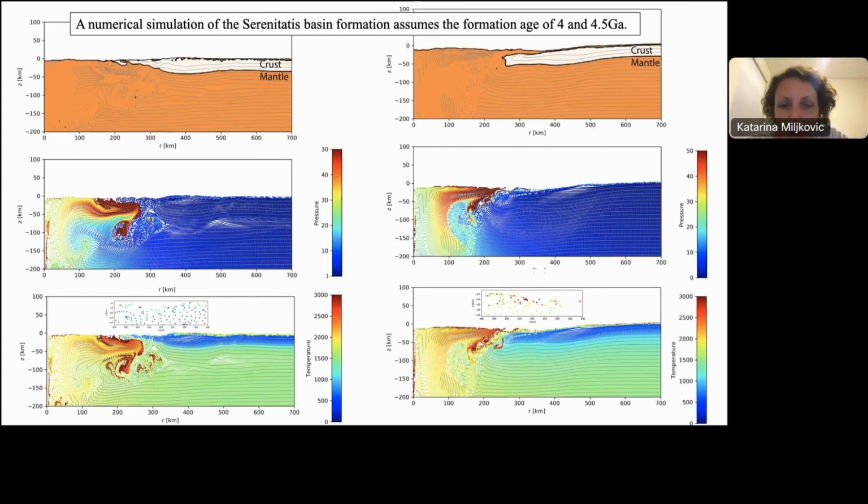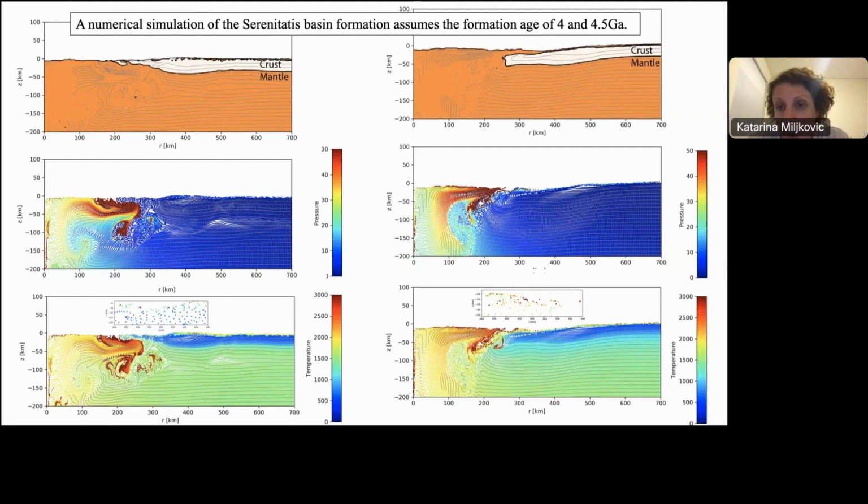One column is for one age, the other column is for the other age, assuming different temperature gradients at that time on the Moon. What we're creating here is a Serenitatis-size basin, which makes sense when we compare with gravitational signatures.